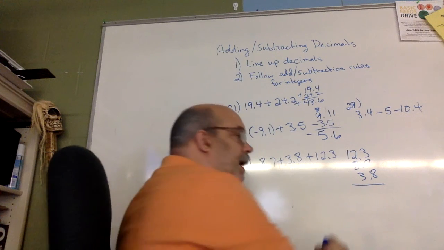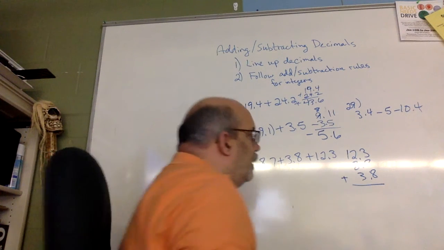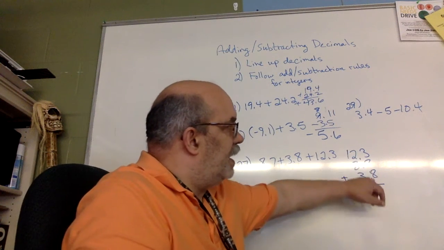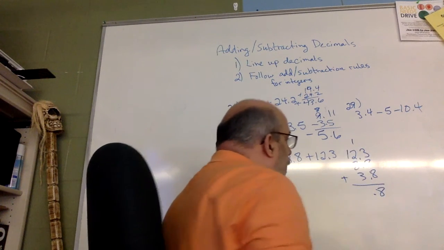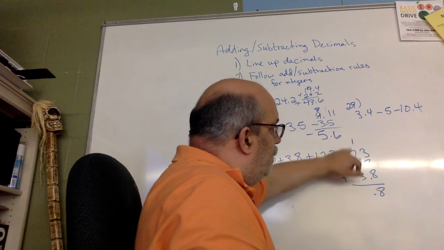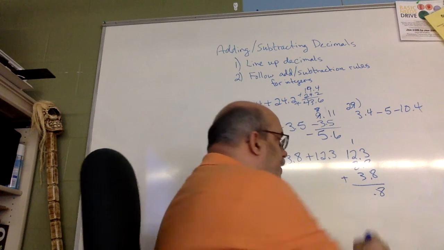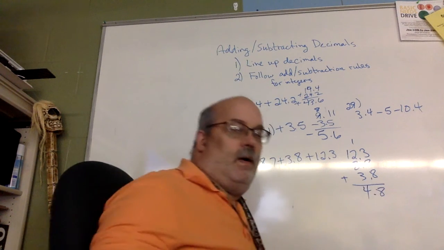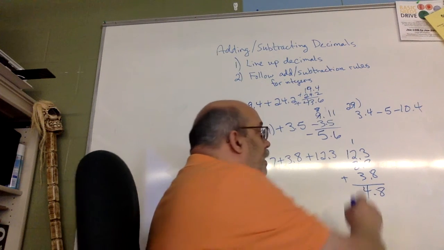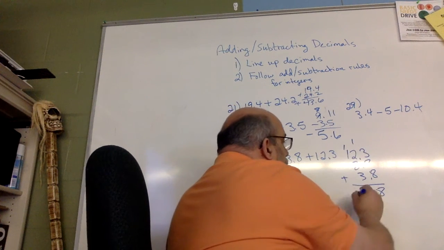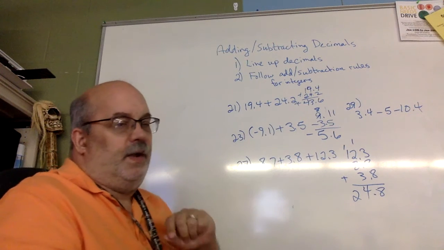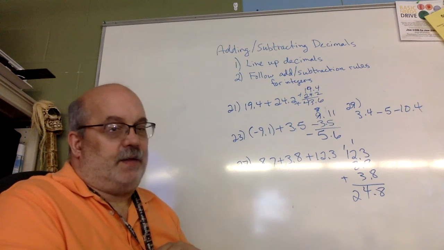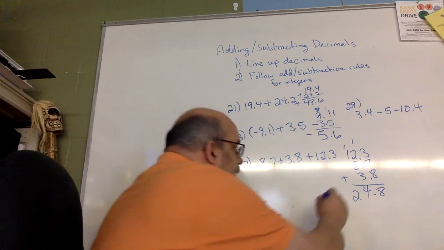They're all the same, so I'm going to add. 3 plus 7 is 10, plus 8 is 18. 8, carry the 1. 2 plus 8 is 10, plus 1 is 11, plus 3 is 14. 4, carry the 1. 24. 12.3 is the largest number and it's positive, so our answer is positive.